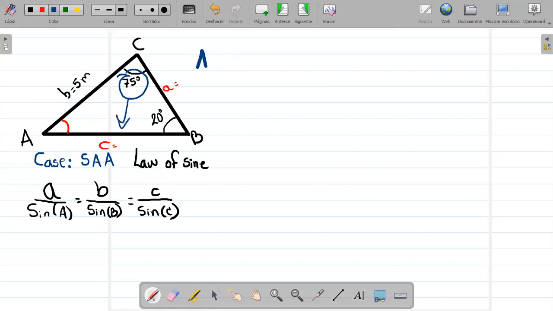But you don't know the side C. And you can see there the correspondence between this side and angle. This angle and this side correspond to one another. And using the information we have here, the angle B and the side B, we can conclude the measurement of the sides. But let's get angle A first. I agree with you.